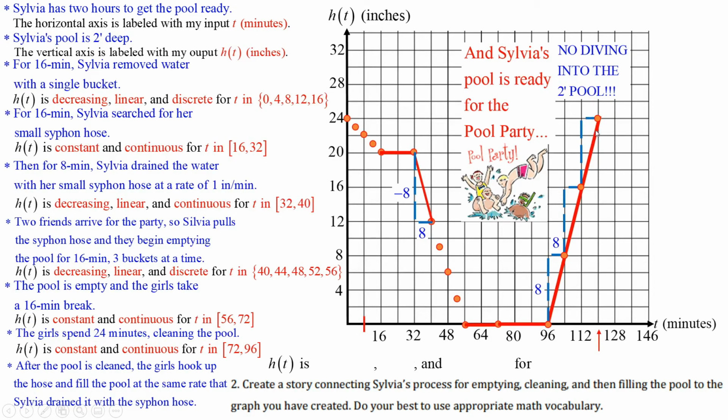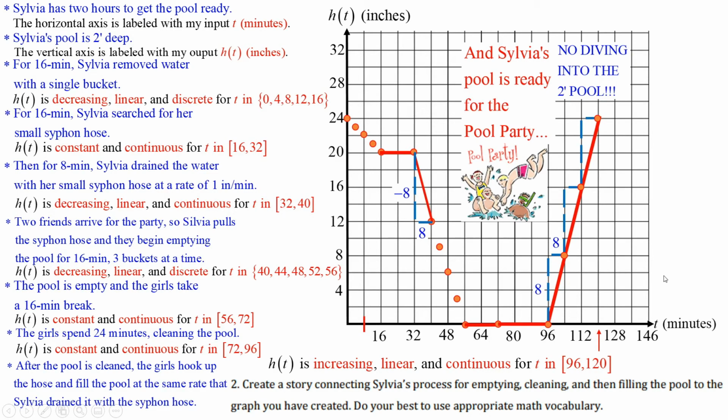The height of the water is increasing. And it is continuous because water flows continuously, and it's linear. So linear and continuous. And what is this time interval? It's from the 96-minute mark to the 120-minute mark right there. So t is in, and t can equal 96, t can equal 120. So I'm going to go bracket, bracket, 96 to 120.